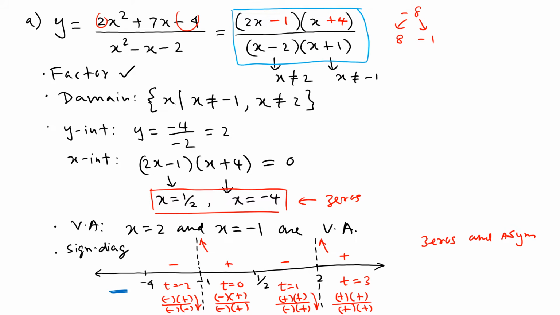Okay, now we're going to find the horizontal asymptote. So the next step is the horizontal asymptote. For that, we notice that n equals m equals 2 for this problem.